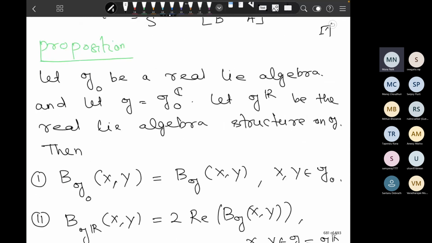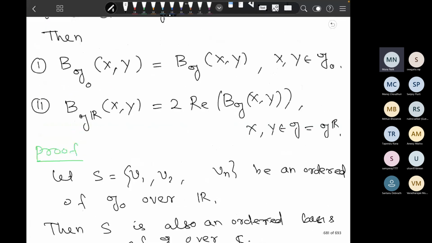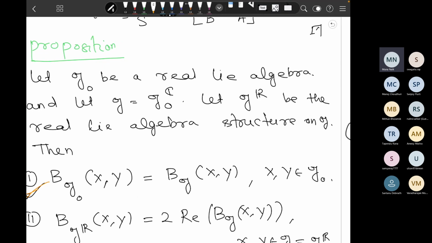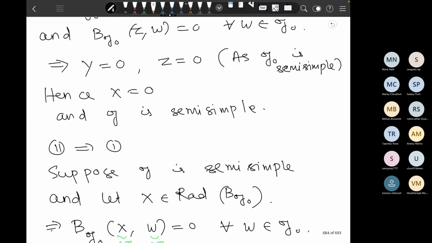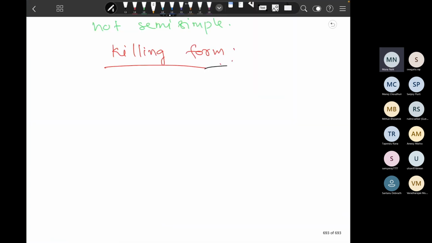There is some relation between them: the killing form of G naught and the killing form of G are the same. So first I will write the results.